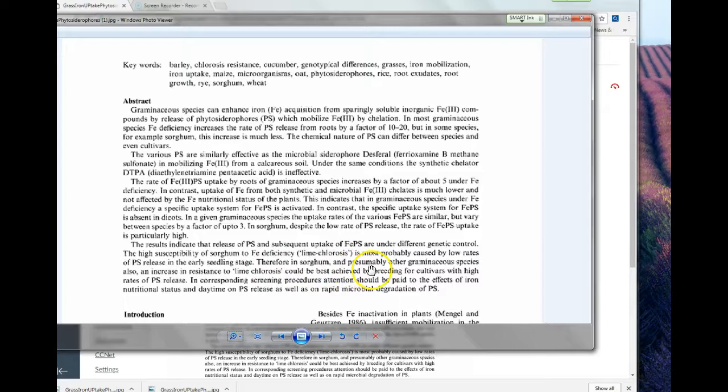So in sorghum and other gramineous species, an increase in resistance to iron deficiency due to higher pH could best be achieved by breeding for cultivars with high rates of phytosiderophore release. They say that in corresponding screening procedures, attention should be paid to the effects of iron nutrition status and daytime on phytosiderophore release, as well as on rapid microbial degradation of phytosiderophores.